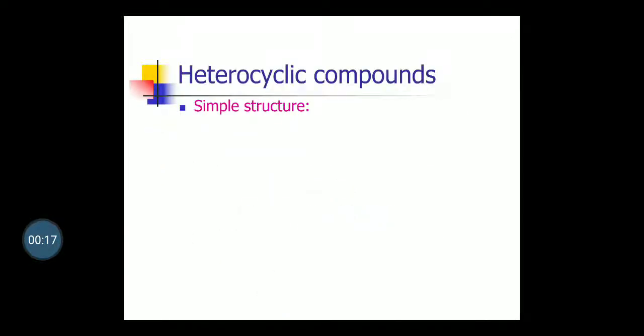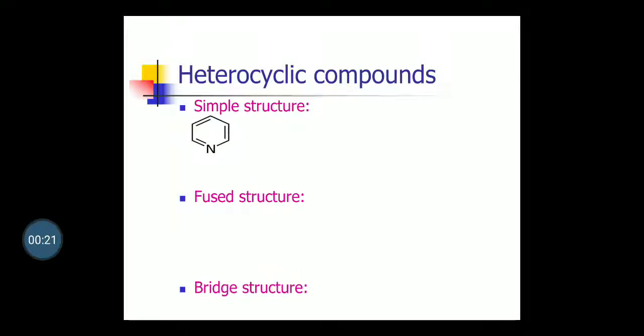In the first part we already saw the classification of heterocyclic compounds: simple structure, fused ring structure and bridge structure. Simple structure means a single ring, with mostly one or two heteroatoms.